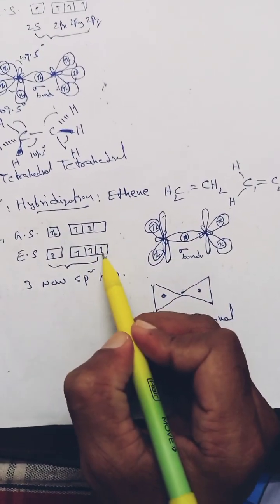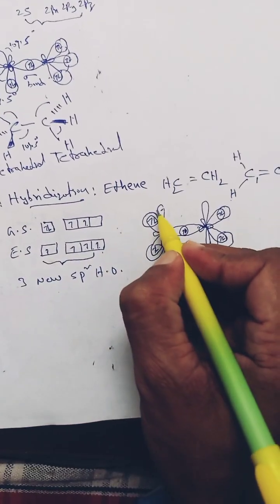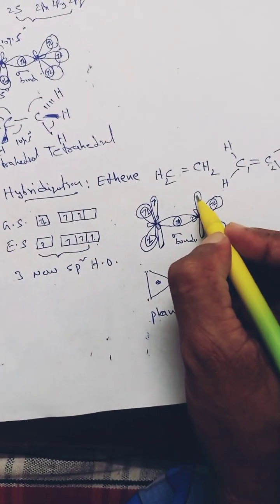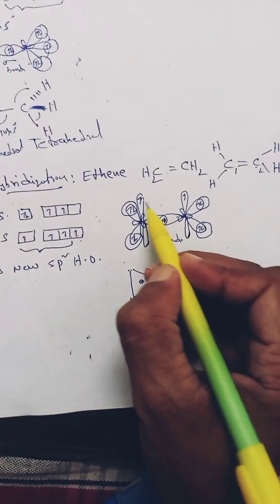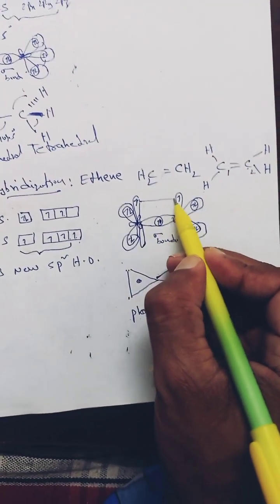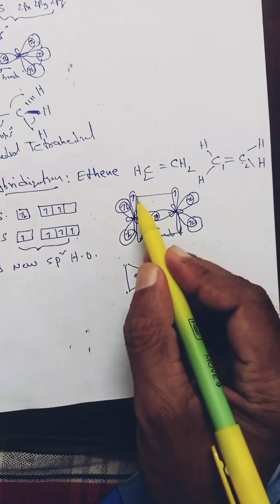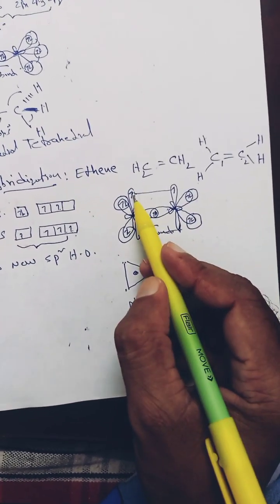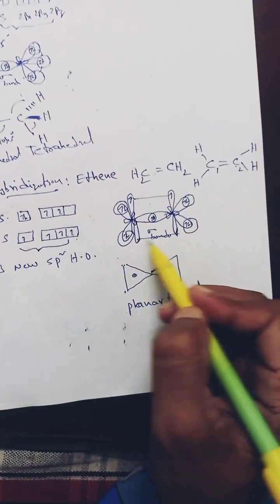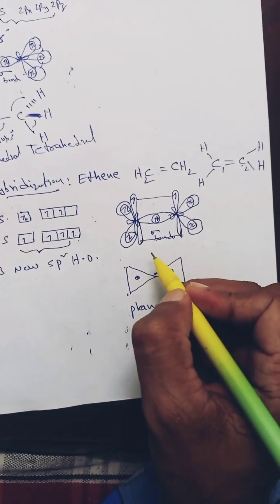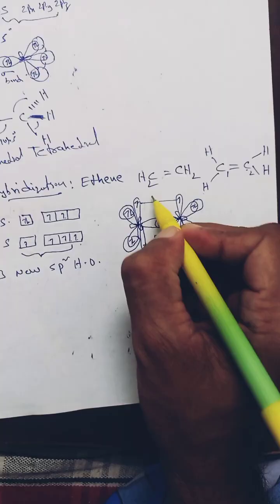In that, one electron is already there for one carbon. For this carbon also the same happens. So these two overlap above and below, because it is electron density, the electron cloud. So it is overlapped. This is called lateral overlap, and this bond is called pi bond.